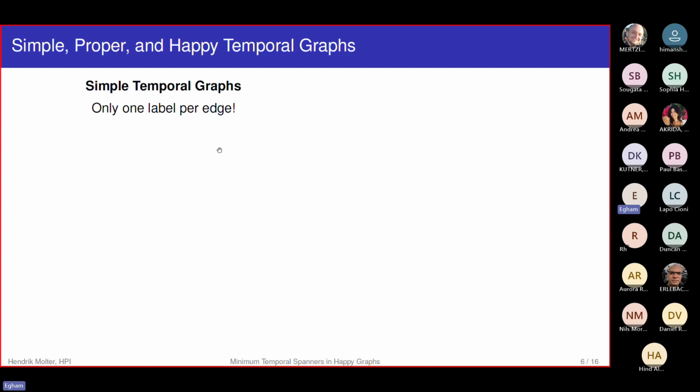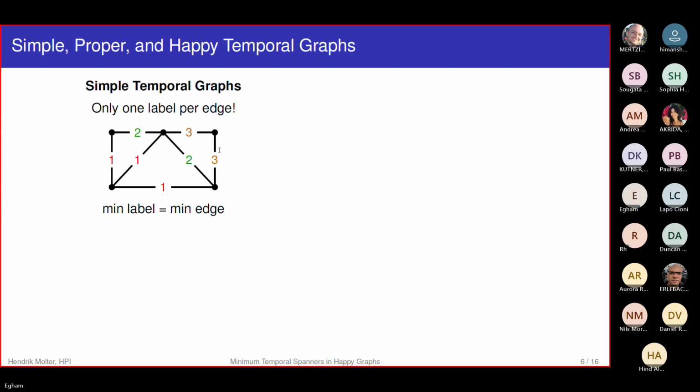One very popular restriction is simple temporal graphs, where every edge is only allowed to have one label, like in this example here. Then it's quite easy to realize that there's no difference now between having a spanner with k labels or having a spanner where the underlying graph has k edges, because in that case, every edge has exactly one label.